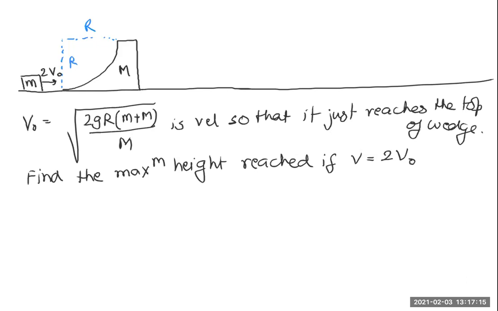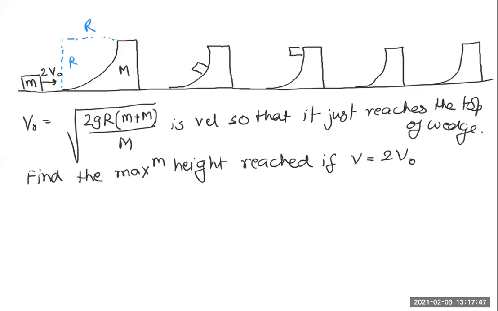So I'll give you a hint. I will show you guys what is going to happen. Let me just draw this. Okay, now what will happen: this block will come up on the wedge like this, and then reach the topmost point.